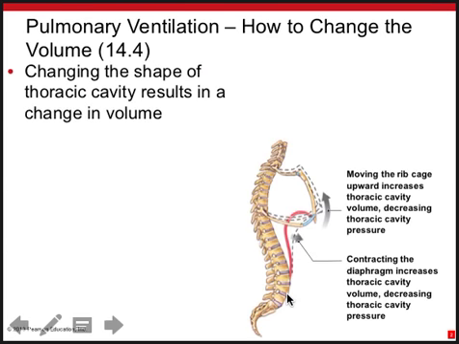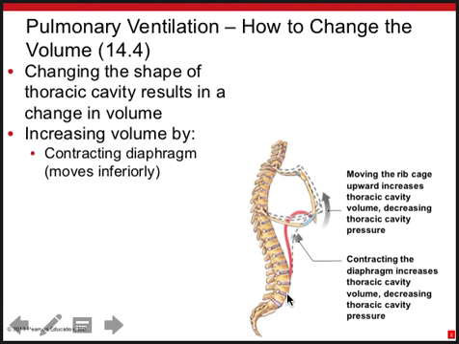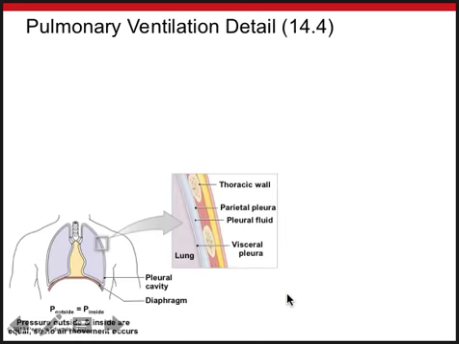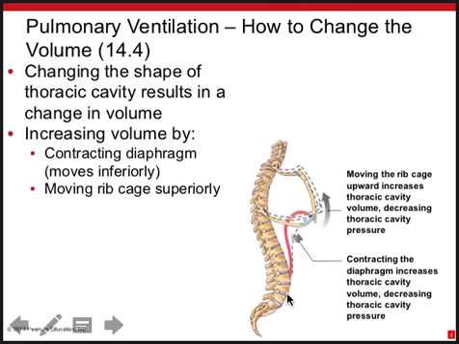Changing the shape of the thoracic cavity results in a change in the volume of the pleural cavity. Increasing the volume occurs by contracting the diaphragm, which moves inferiorly, and moving the rib cage superiorly. And what this does is this takes the fixed amount of gas that's inside the chest cavity and causes it to occupy a larger volume.